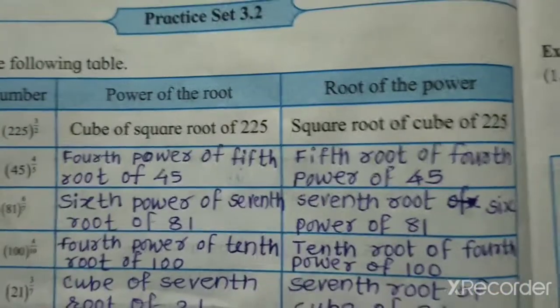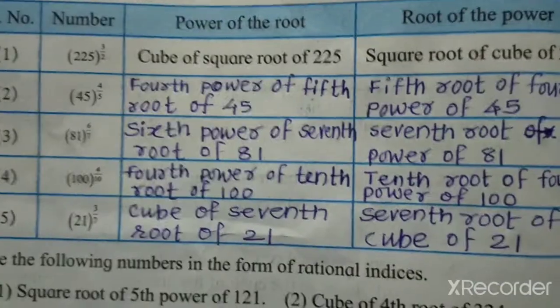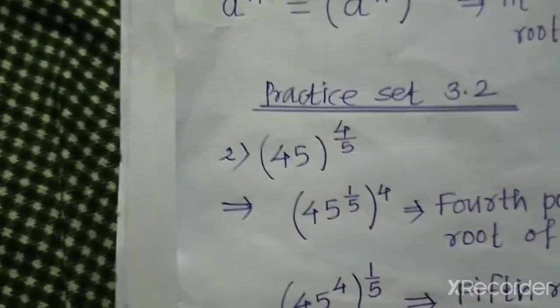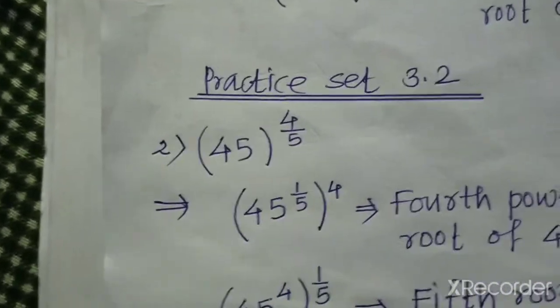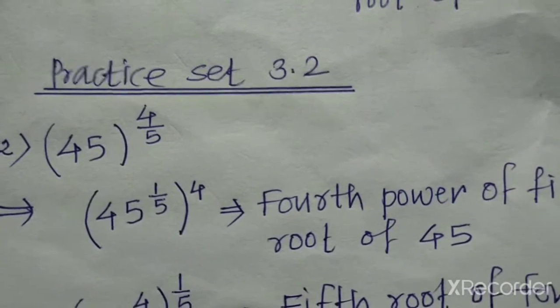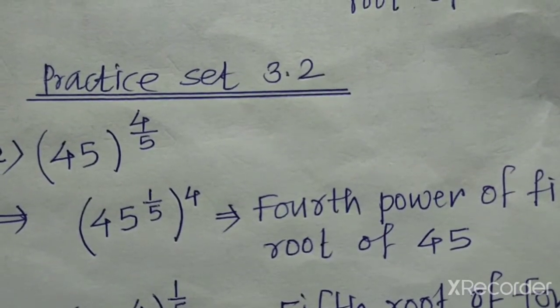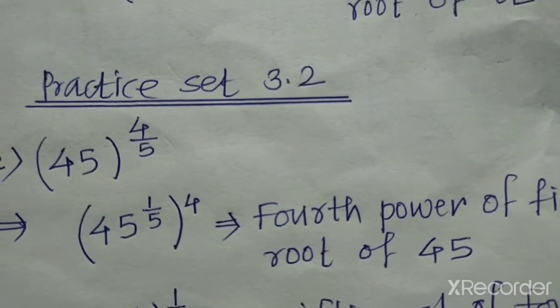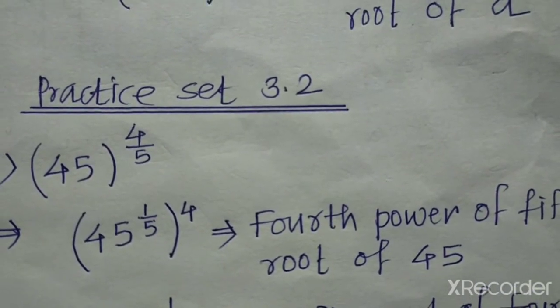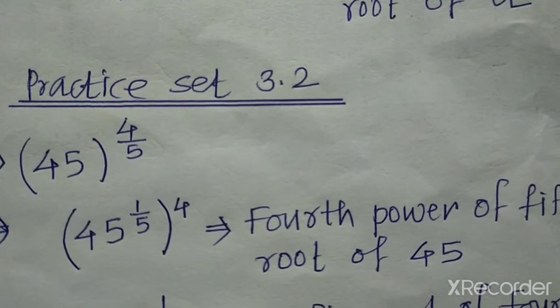Okay. Now see the second example, 45 raised to power 4 by 5. Now see here, this 45 raised to power 4 by 5, write in two ways. The first one, what is there? 4th power of 5th root of 45.